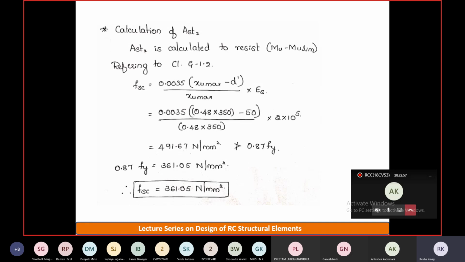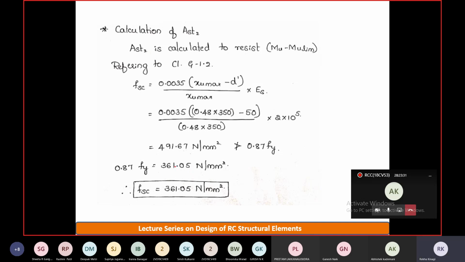But this value that you have got is to be compared with 0.87 Fy. The value of FSC which we are going to consider should never be more than 0.87 Fy. Let me compare this value with 0.87 Fy. If I calculate 0.87 Fy, we get a value of 361.05 Newton per mm square.